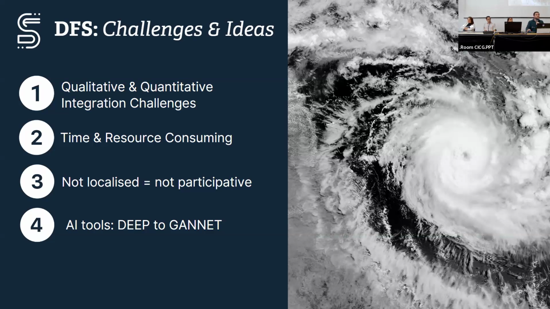What does it mean to not be localized, and what are the implications of that? Well, for example, quantifying risks at a really low level is not easy. Not quantifying risk leads to not programming or not funding certain areas. So it's problematic, and it also doesn't allow for validation of findings.